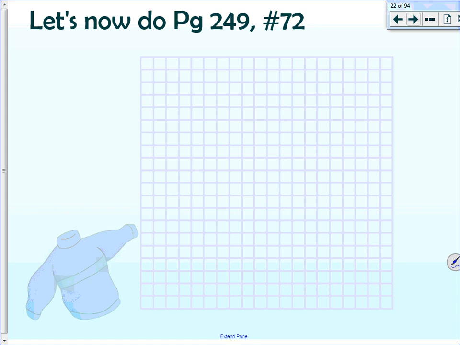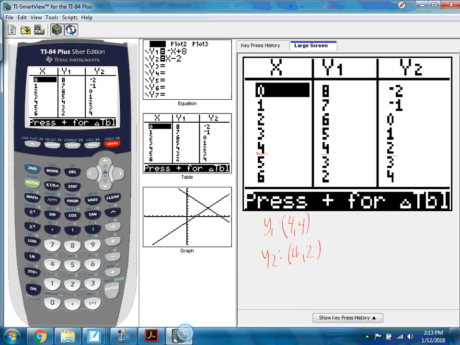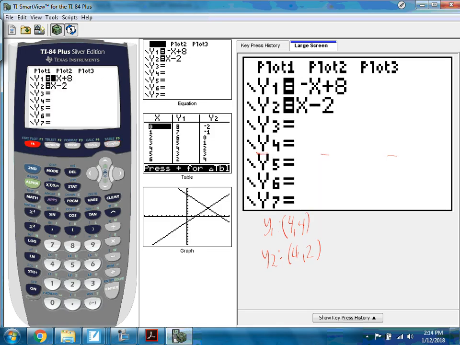Okay, so let's fill in the following table. But you know what? I don't want to do this by hand. So I'm going to use the calculator. The first thing in the table is supply.